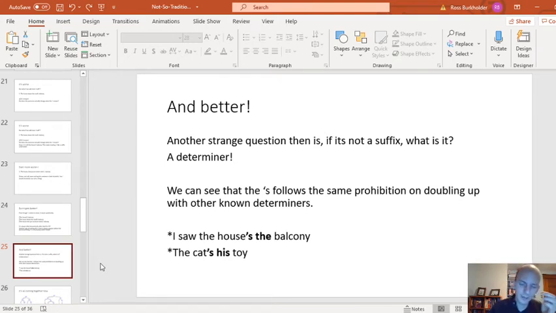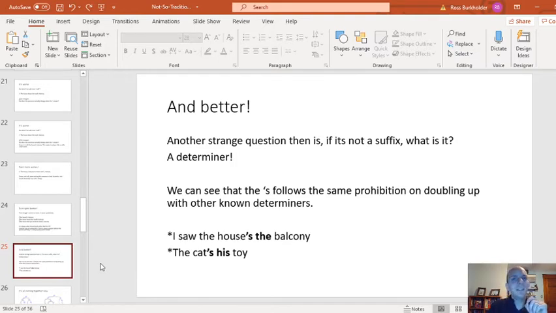Rewind a few minutes to our talk about determiners. How do we know if something is a determiner? We have a test for that. You put it with another determiner like the, or his, or my, and if it causes problems, you've got yourself a determiner. And what we see about English is that this is exactly the case. I saw the houses, the balcony.